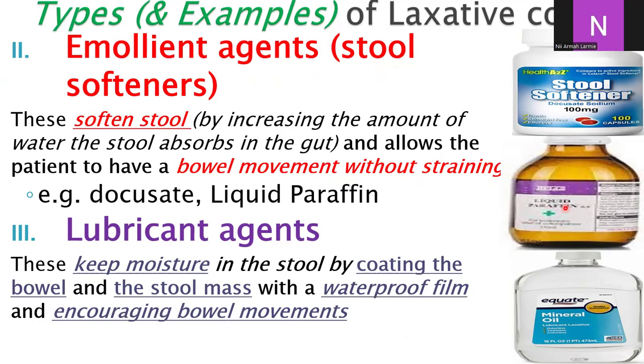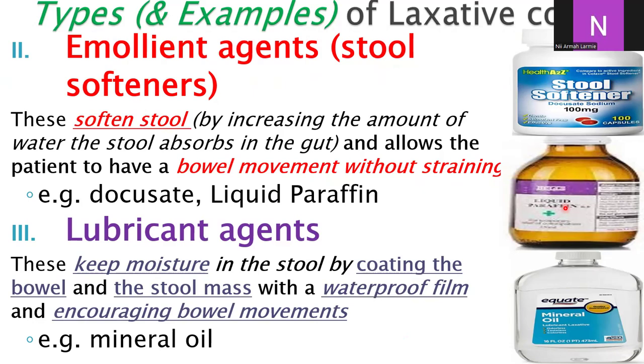The third example are the lubricants. Now these ones form a coating around the stool mass in your bowel, and then they also form a coating on the bowel itself, so that in between those two, they are able to cause less friction.